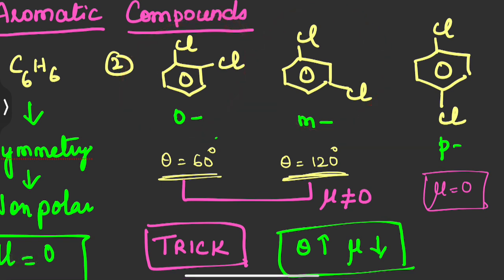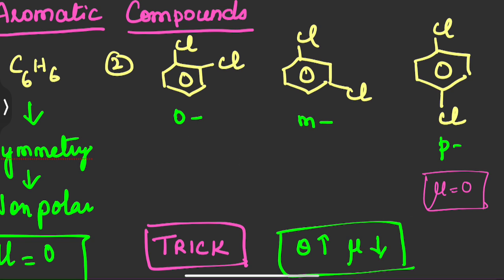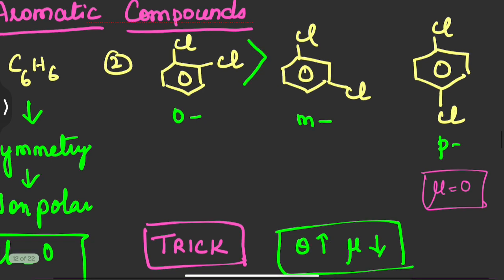So I'll write here, dipole moment here it is more and here it is less, because theta here is 60 degree and theta here is 120 degree. Here bond angle is more, therefore dipole moment is less. And in the third one, it is equal to 0.